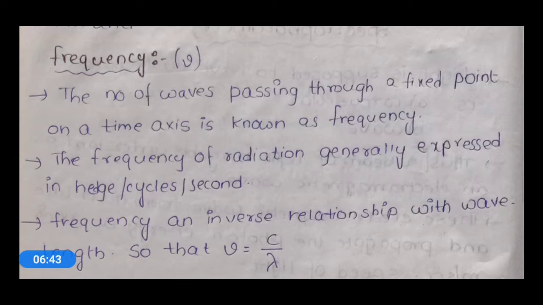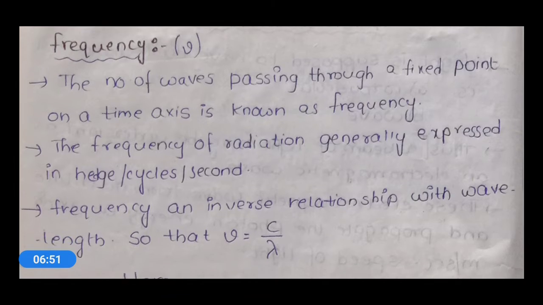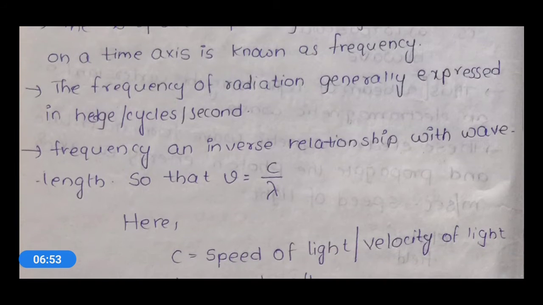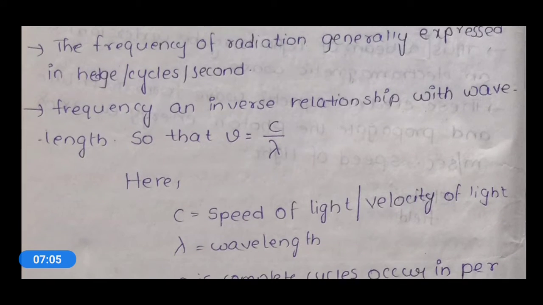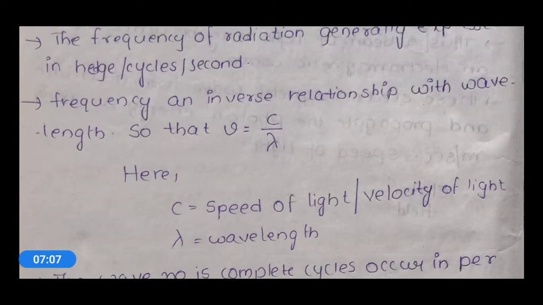The frequency of radiation is generally expressed in hertz, cycles per second. Frequency has an inverse relationship with wavelength, so frequency is equal to c by lambda. Here c is the speed or velocity of light, and lambda is the wavelength.